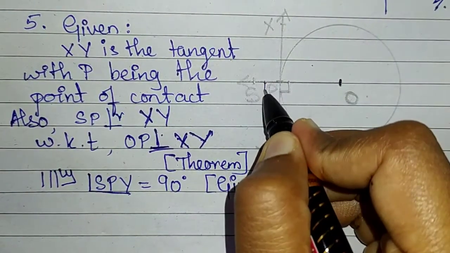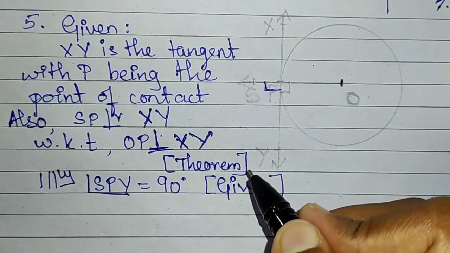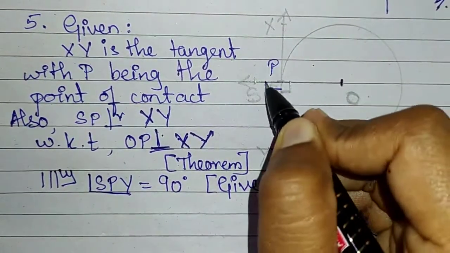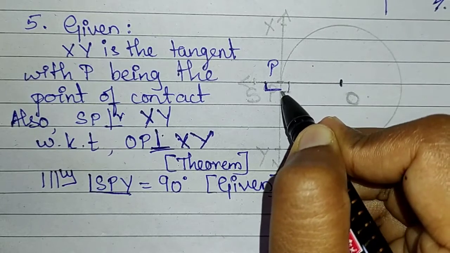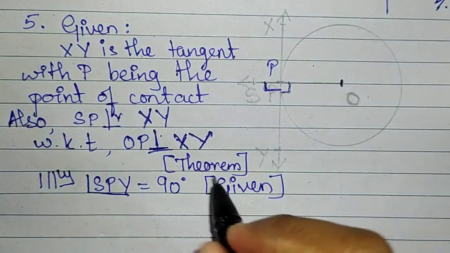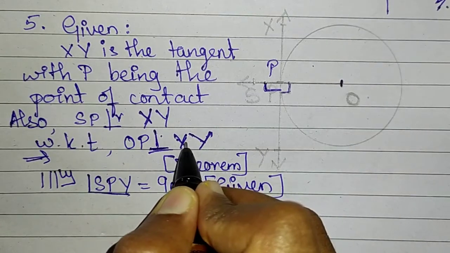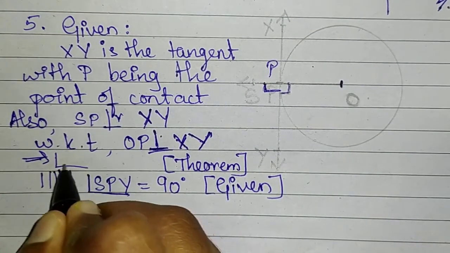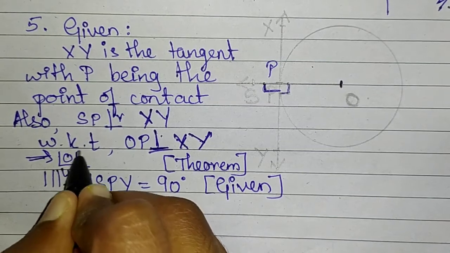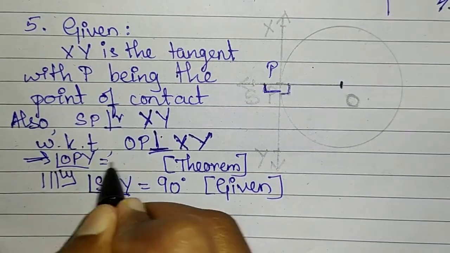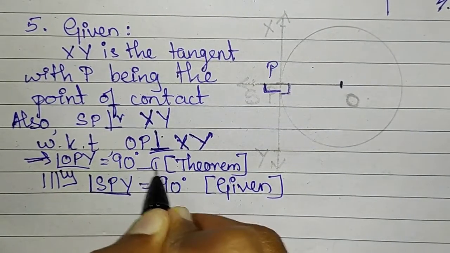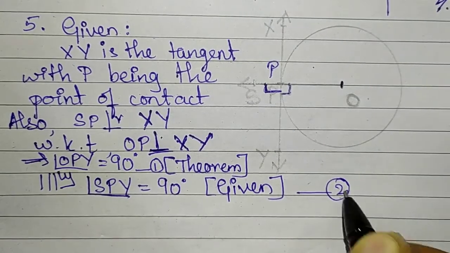So this angle is also 90 degrees, and we know that this angle is also 90 degrees. So this implies, since OP is perpendicular to XY, angle OPY is equal to 90 degrees. This is result 1 and this is result 2.